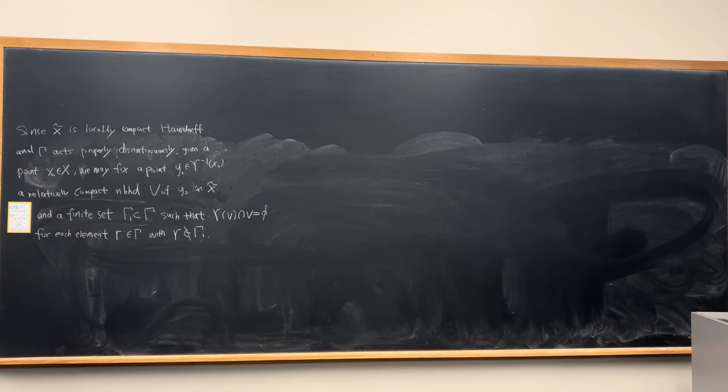So given a point x naught in x, we may fix a point y naught in gamma inverse of x naught, a relatively compact neighborhood V of y naught, and a finite set. I think this is by the definition of acting properly discontinuously, right?